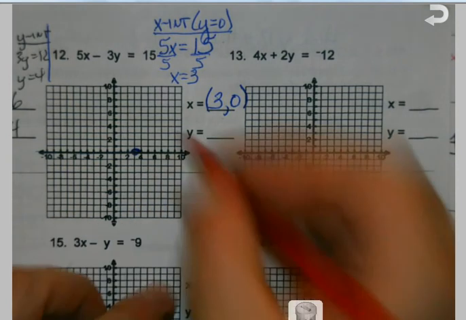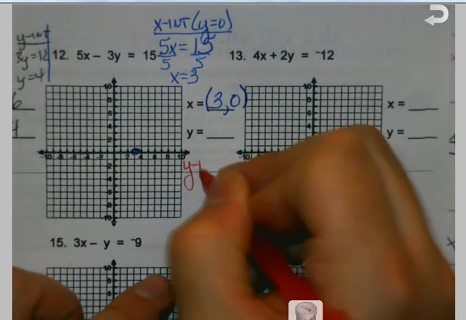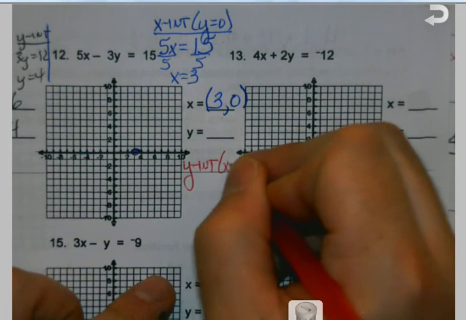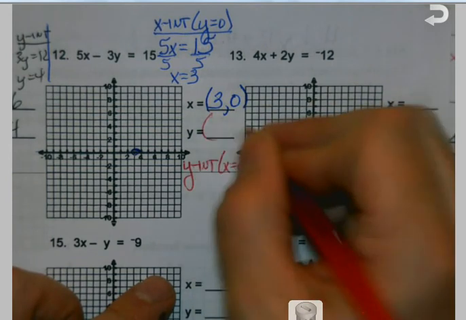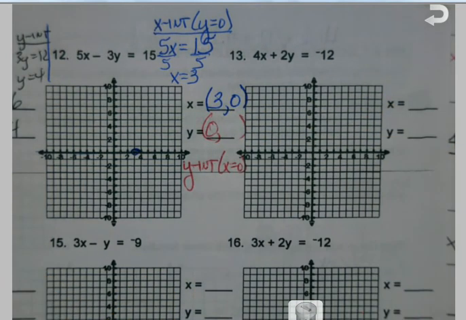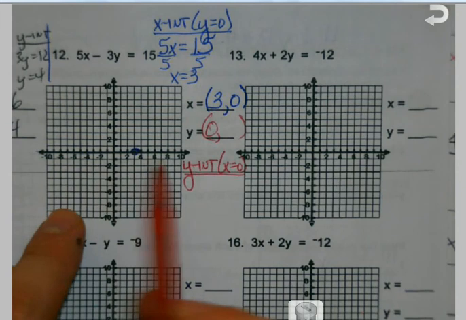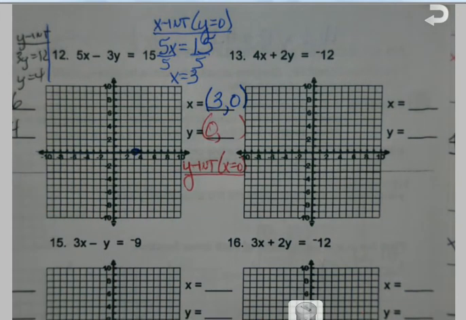When I do y, it's the same idea, except now the x value is going to be 0 every time. Why is it 0? Because if I'm on the y-axis, I'm not moving left or right at all. So that's why I always am going to have an x value for this that would be 0.